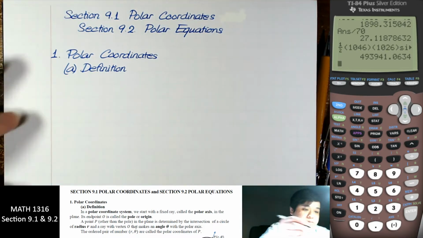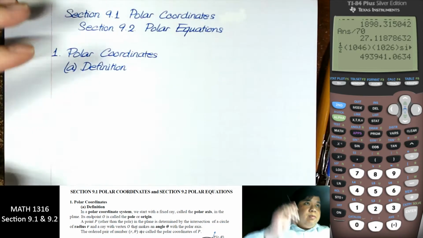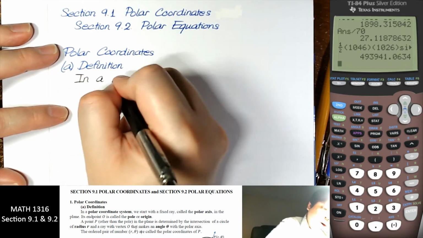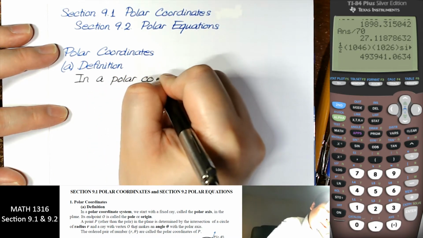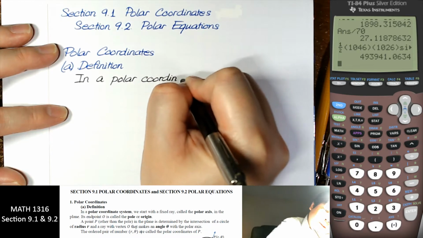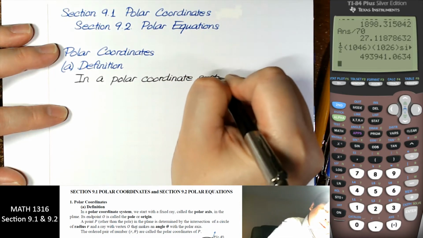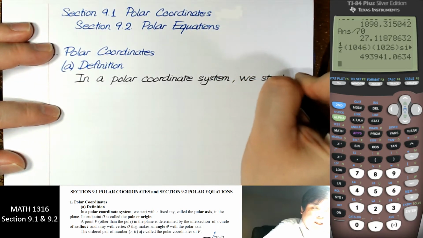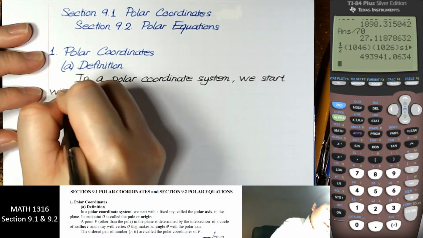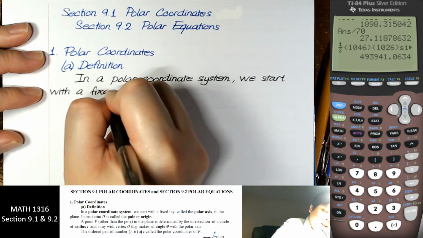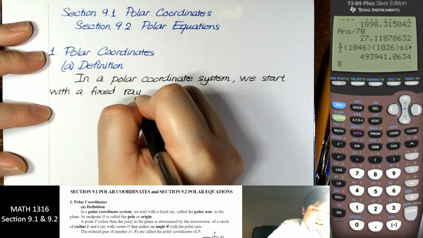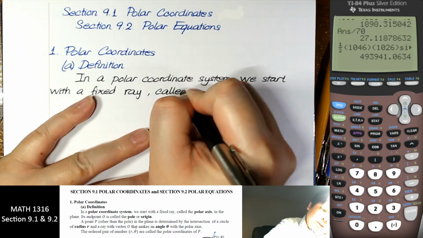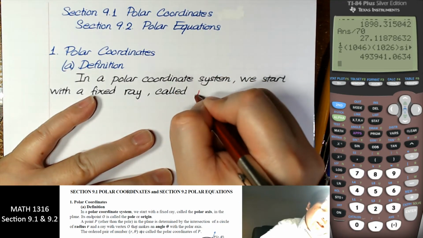Right. Definition. In a polar coordinate system, we start with a fixed ray, and this is the ray, so not the whole line, just half of a line, called the polar axis.